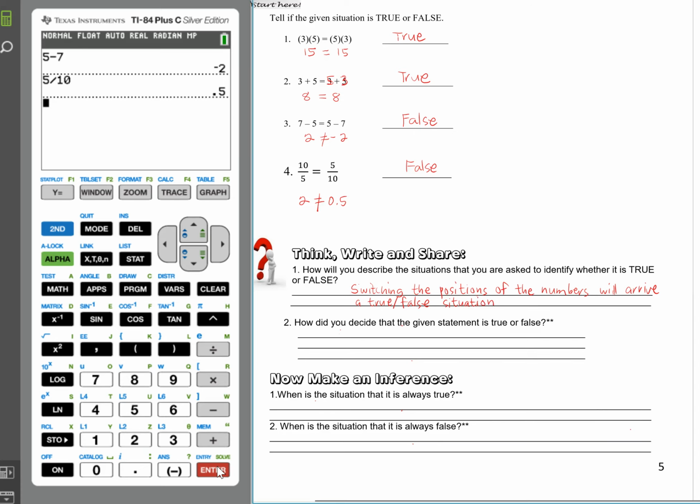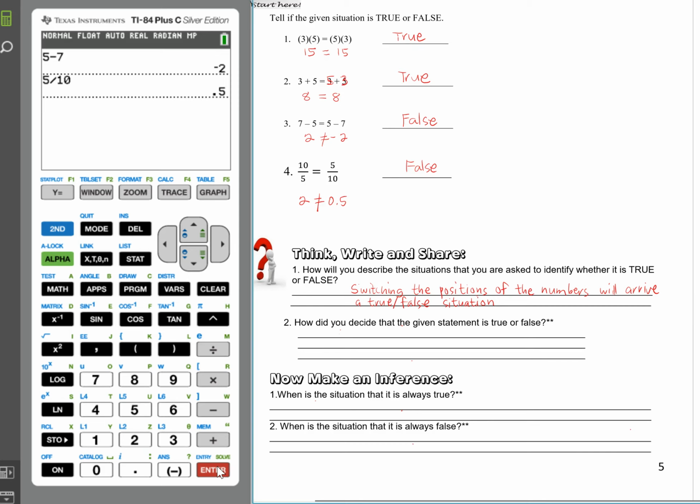Now the second question is, how did you decide that the given statement is true or false? I would say it's by finding the numerical value, and if they are equivalent, then this should be a true statement.